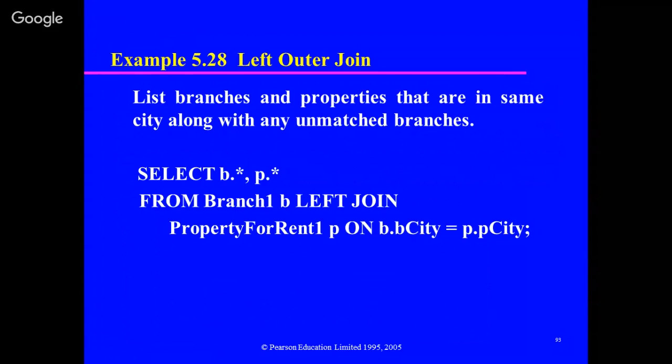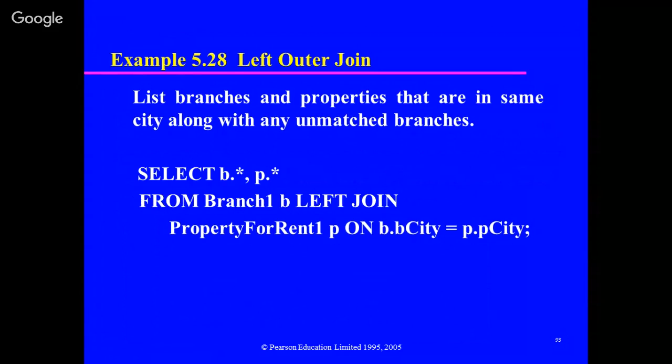So this is where the left and right significance comes in. Here the left table happens to be branch, and the right table happens to be property for rent. So that is the syntax of it.